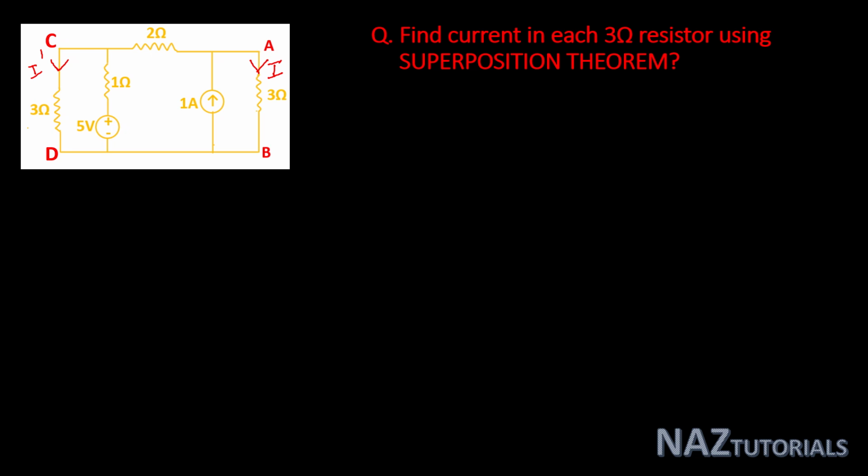First we take 5-volt source. So for the 5-volt voltage source, current source will be replaced by their internal resistance, and the circuit will be like this. This is our resistances in the circuit.